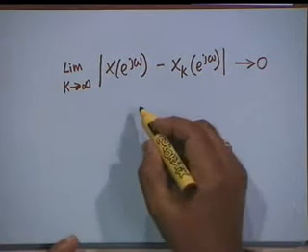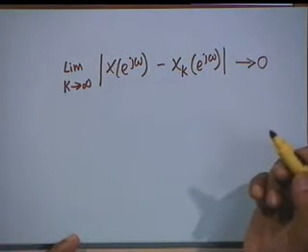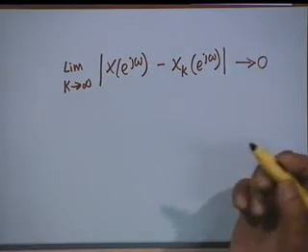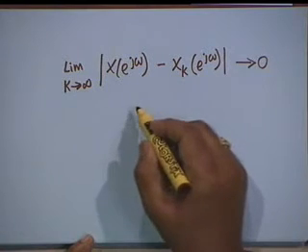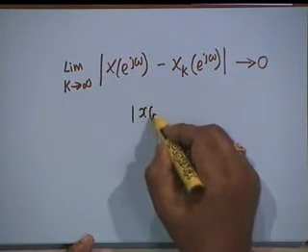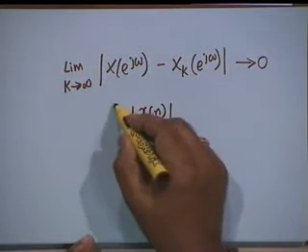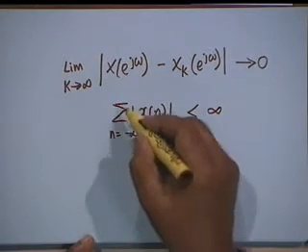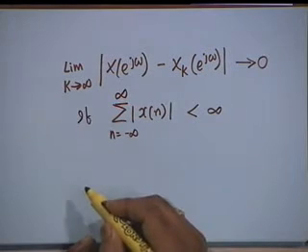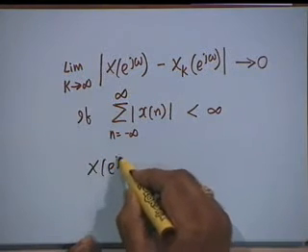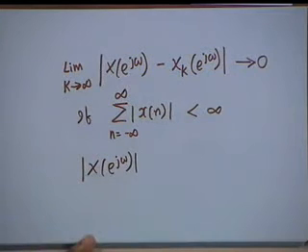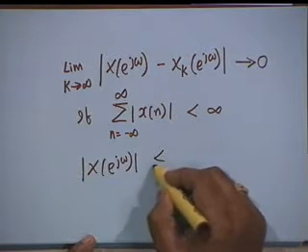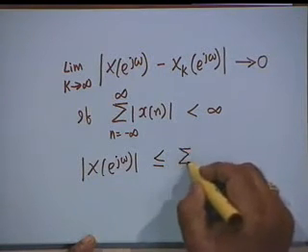You see, one of the sequences which always shall have a Fourier transform which satisfies this criterion is that x of n be absolutely summable. That is, if this is less than infinity, n from minus infinity to plus infinity, if this is so, then the magnitude of capital X of e to the j omega will be less than or equal to the summation.